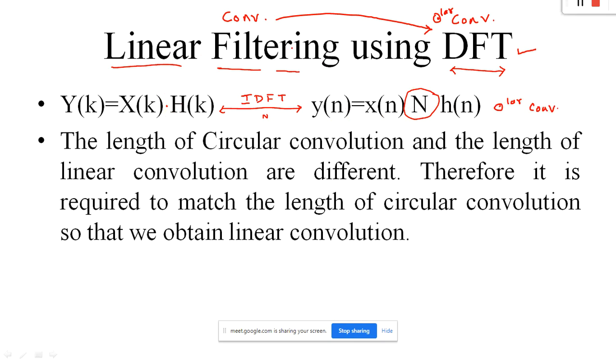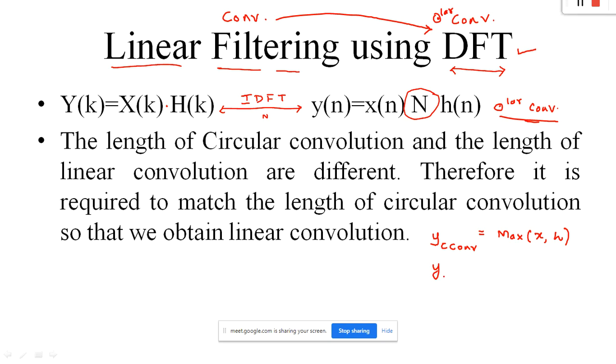If I want to perform a linear filtering operation using DFT, it is nothing but circular convolution. Now the point is, what is the output length of circular convolution? It is nothing but the maximum of your two inputs, the length of x and the length of h, whichever is the maximum value, that will be your output length.